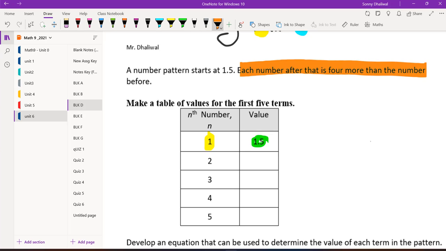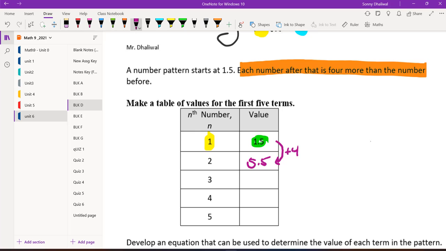than the number before. So if I wanted to figure out the next number in this sequence, what would this be? Max? 3. Not 3. Phoenix? 5.5. In the question, they say it's 4 more than the previous number, so we have to add 4 here.